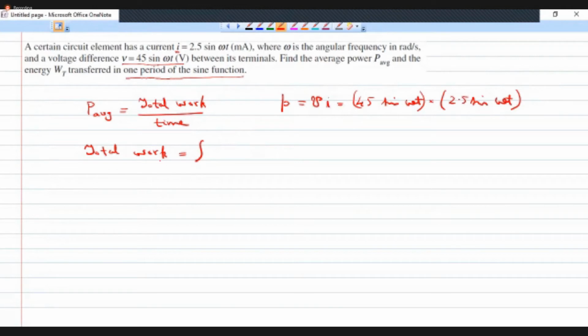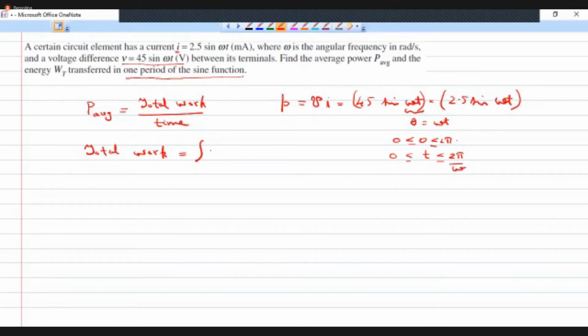So theta varies from 0 to 2 pi, where theta is equal to omega t. So when theta varies from 0 to 2 pi, how does t vary? t is going to vary from 0 to 2 pi by omega, right?